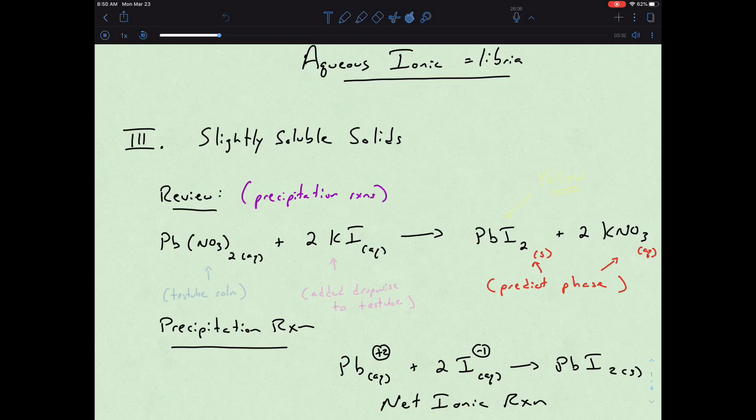In that video, we had the lead nitrate, which was basically the test tube solution at the bottom.